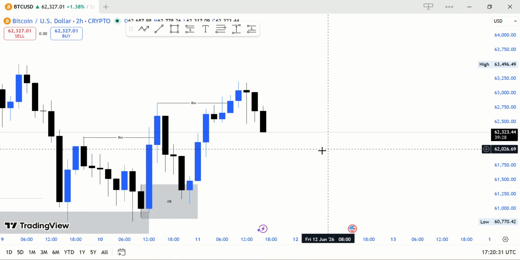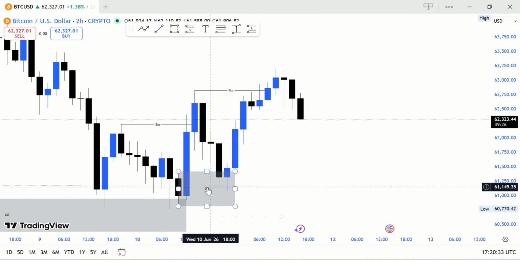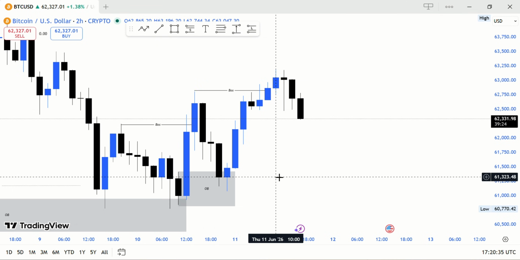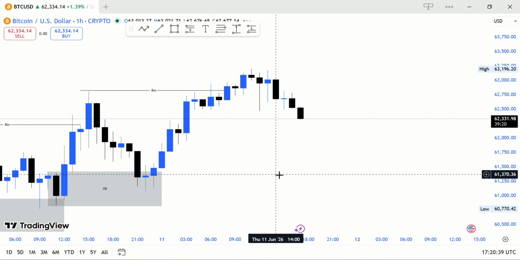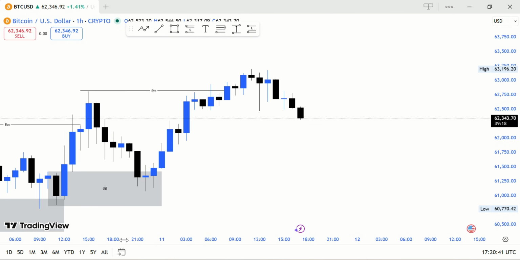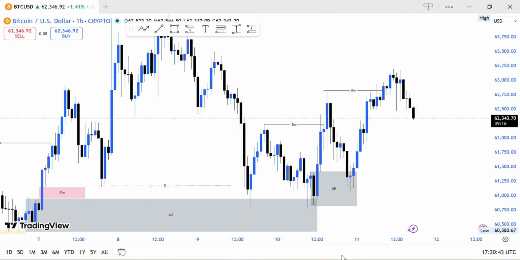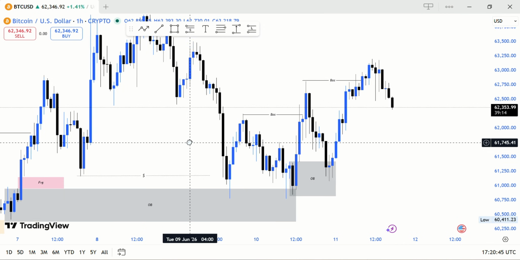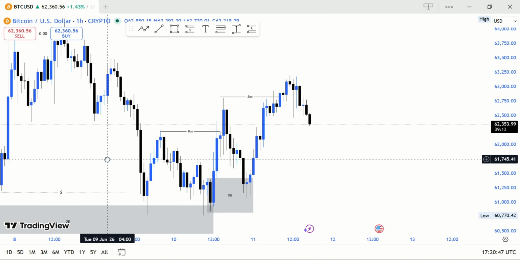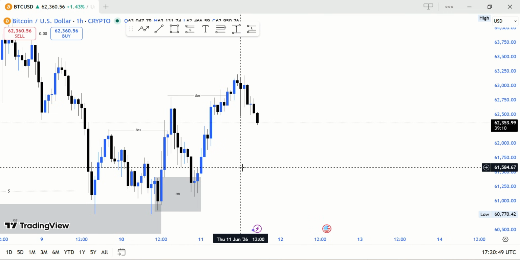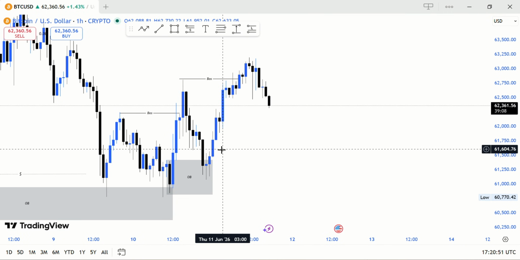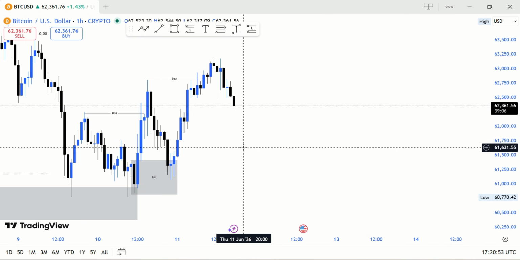So remember guys, I took an entry from here too. So let's go to our 1 hour time frame, so that everything is still intact. The position was so clear. It was coming to us. It was coming to us directly.